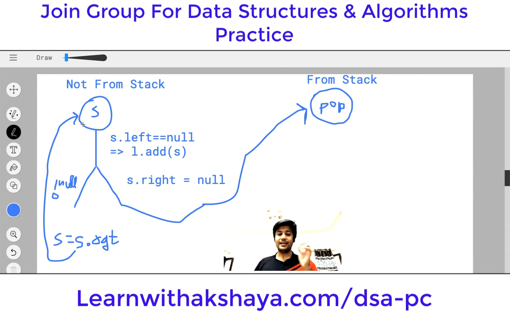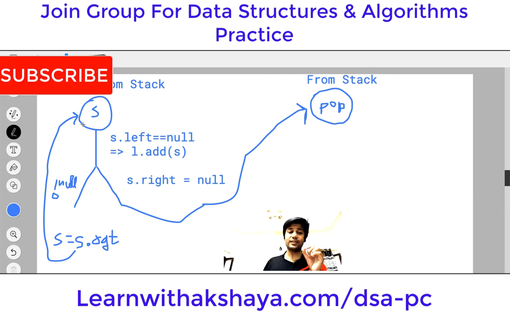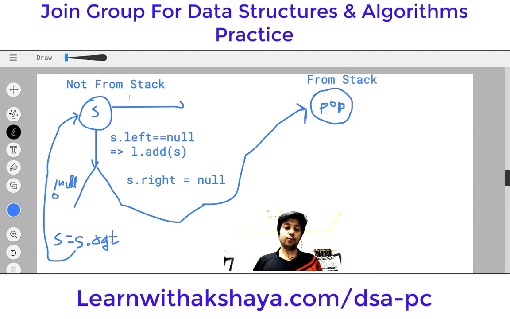Okay, that said, still one thing is left. What happens in the case when s dot left is not equal to null? That condition we have missed, right? So basically what is the condition over here?